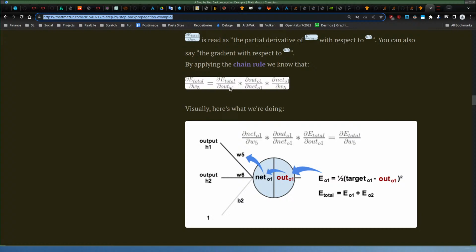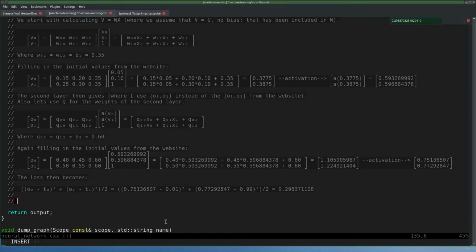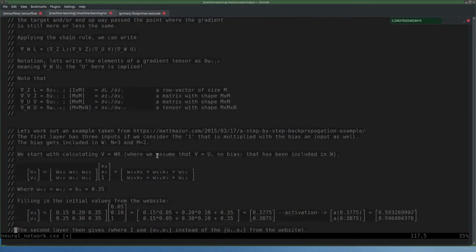So the arrow function relative to an output, that would mean a loss relative to the output, which is this one. So I want to define that with Z replaced by O.